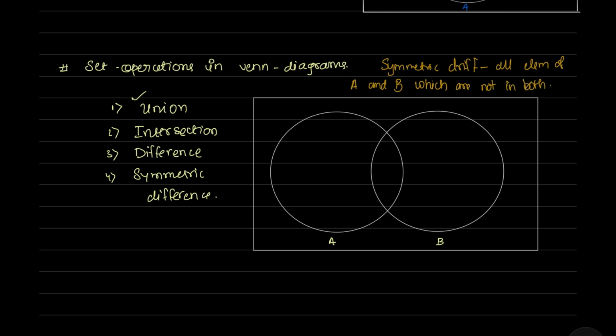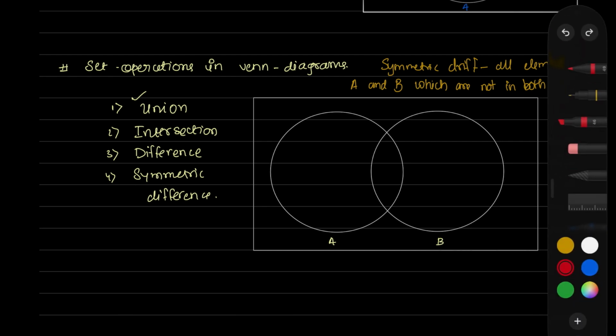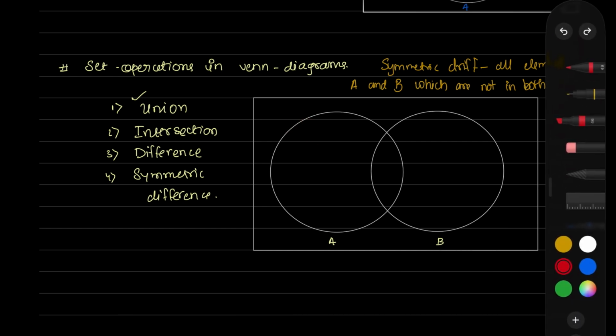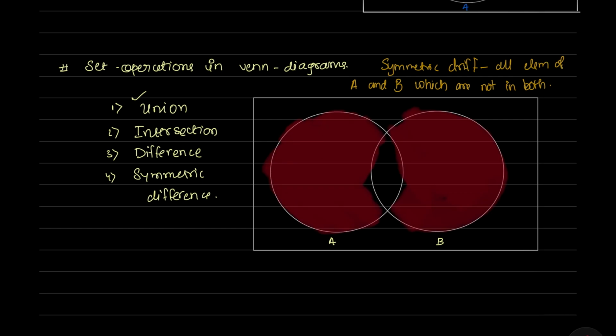So basically the entire A union B except this region. If we try to draw it, it will be this region. This entire thing except the middle intersection portion will be our symmetric difference. The entire set A union B except the ones common between them.